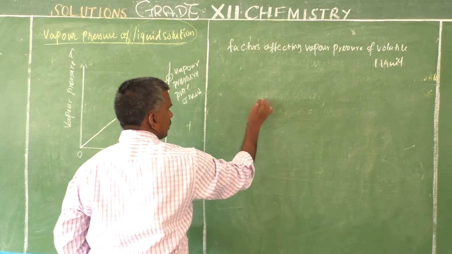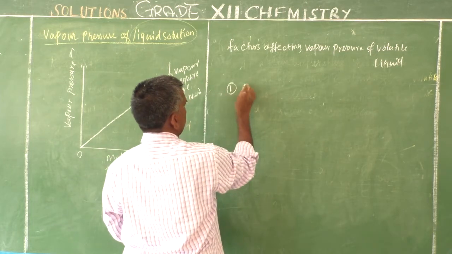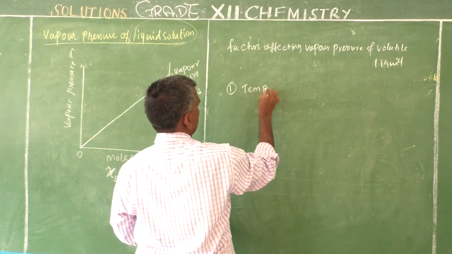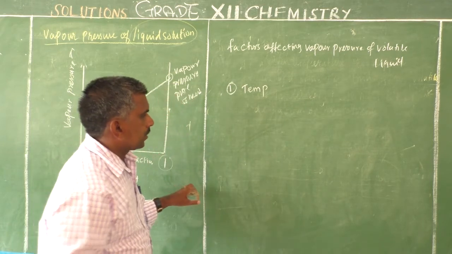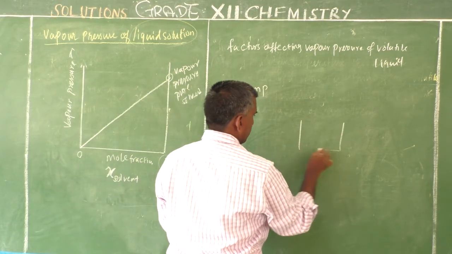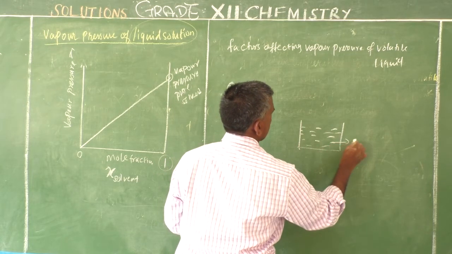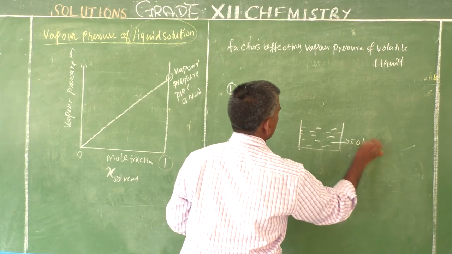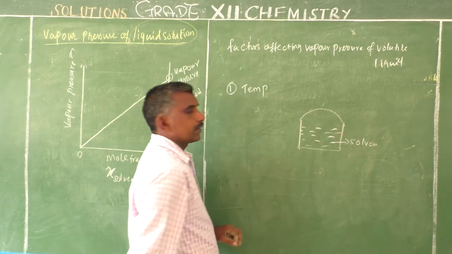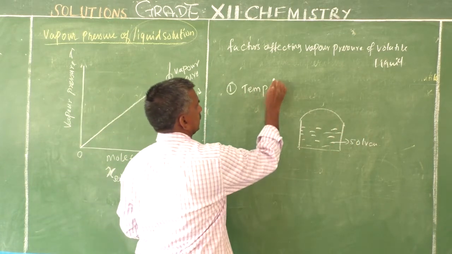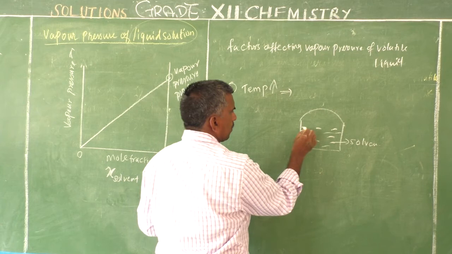First factor, temperature. Take a beaker filled with solvent. This is a volatile solvent. Now the temperature is increasing. What happens?